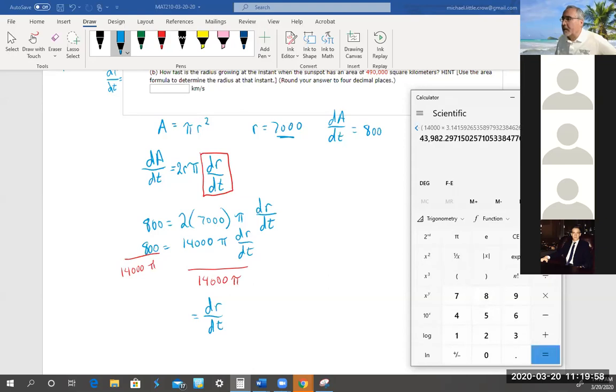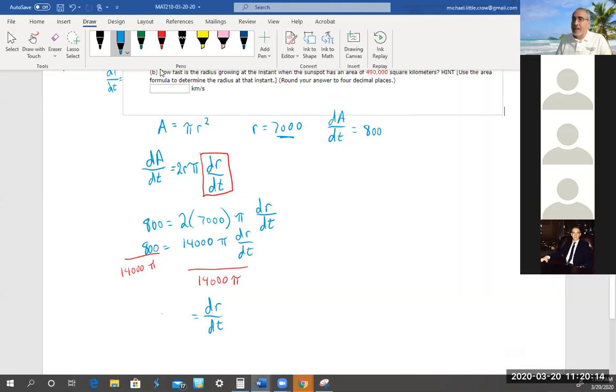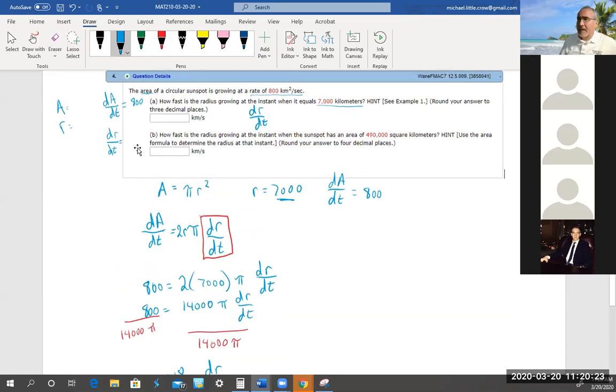Close the parentheses, hit enter, and that's 0.018 to 3 decimal places, right? 0.018. So the radius is changing by 0.018 is what we came up with. Let's check that before we go on to the next one.